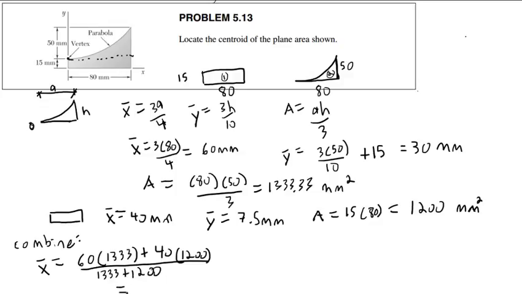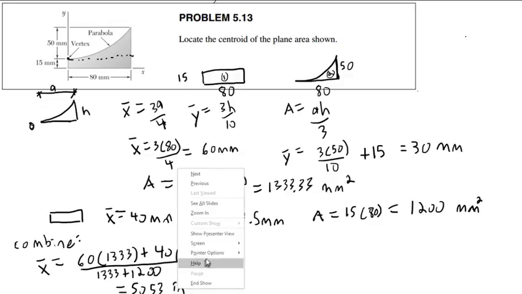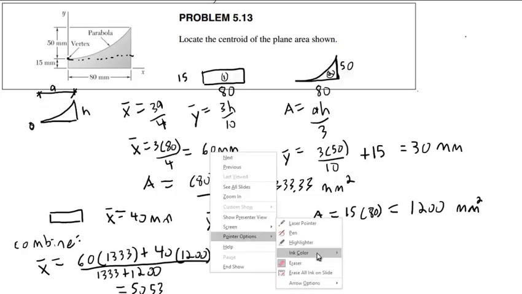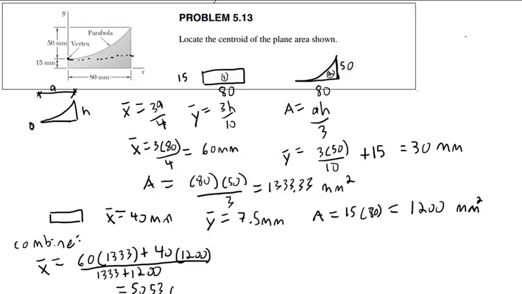And this comes to 60 times 1333 plus 40 times 1200 all over the summation of 1333 plus 1200. And I get 50.53 millimeters.